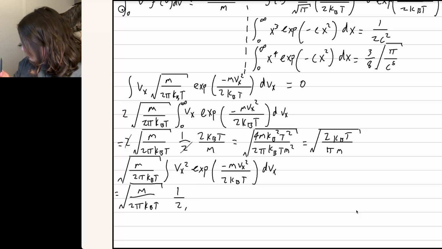Let's move the square root of pi up to the top here. And then invert the square root of c cubed. So it's going to be 8 kb cubed t cubed over m cubed.